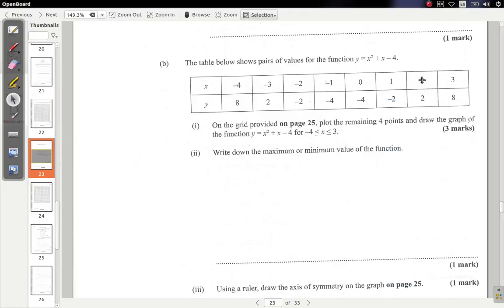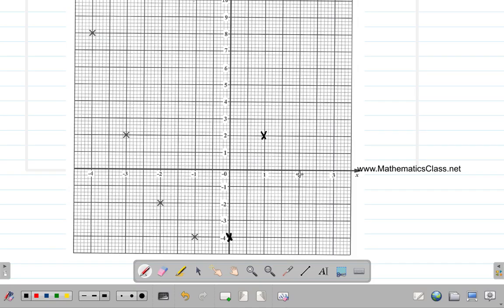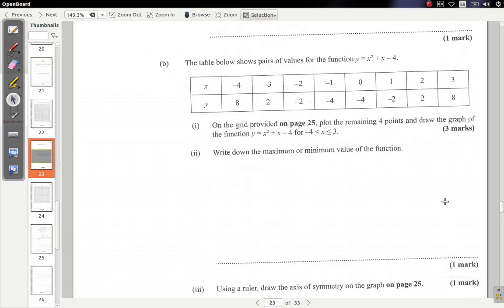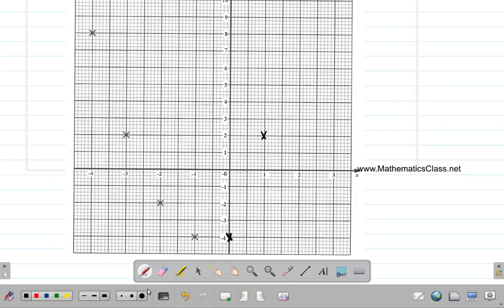Then 2, 2. X equal 2, y equal 2. So when x equal 2, hold on there. Oh, 1, negative 2. My mistake, I plotted it wrong a while ago. It's 1, negative 2. So x equal 1, y equal negative 2 right here. And then 2, 2, x equal 2, y equal 2 is right here.